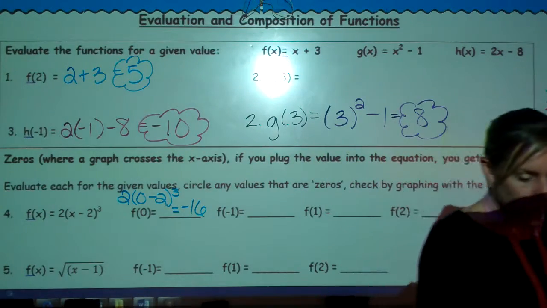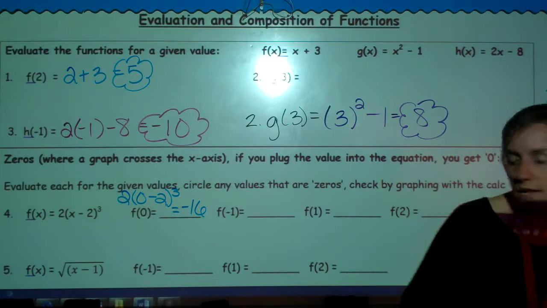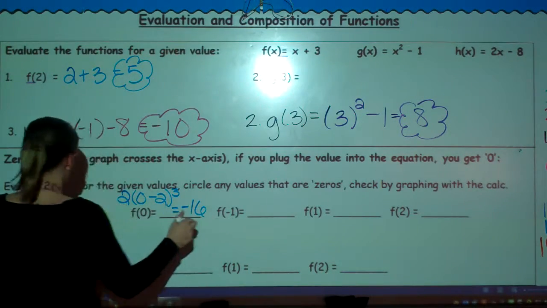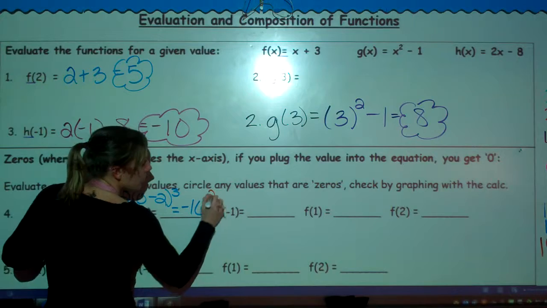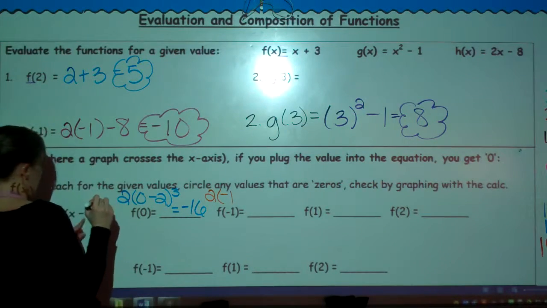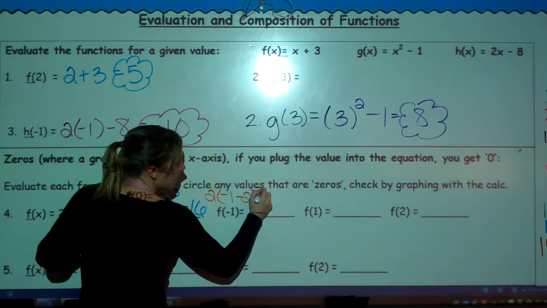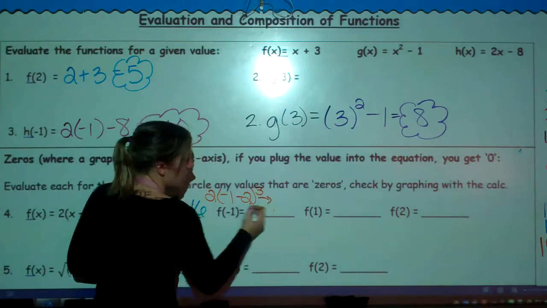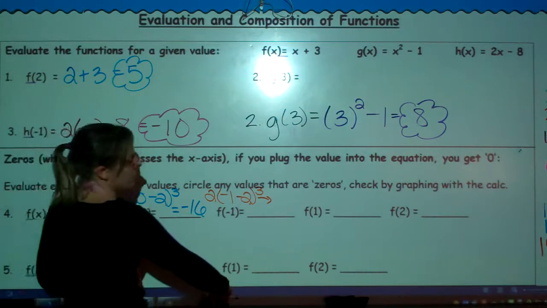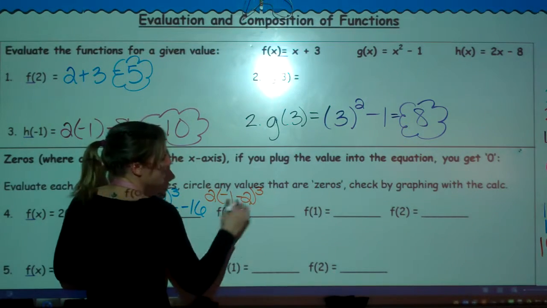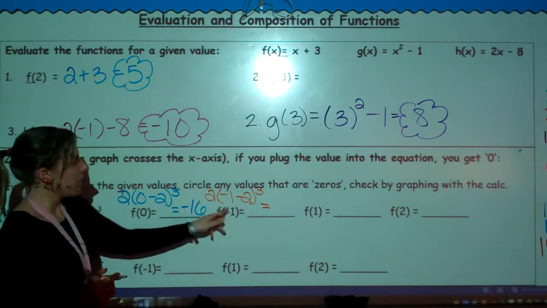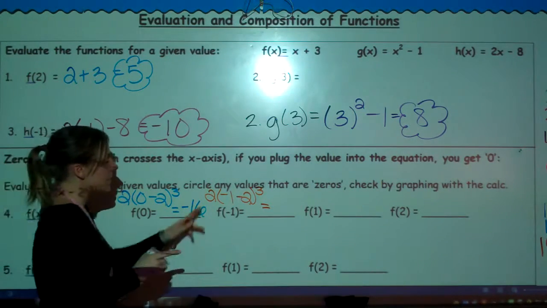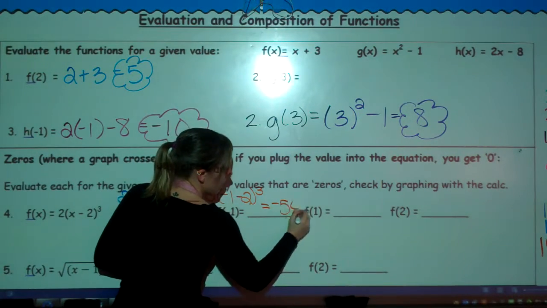Okay. The next one says negative 1. So I'm going to say 2 times negative 1 minus 2 to the 3rd power. So that is, let me put an equals there instead. So that is negative 3 to the 3rd power is negative 27 times 2 is negative 54.